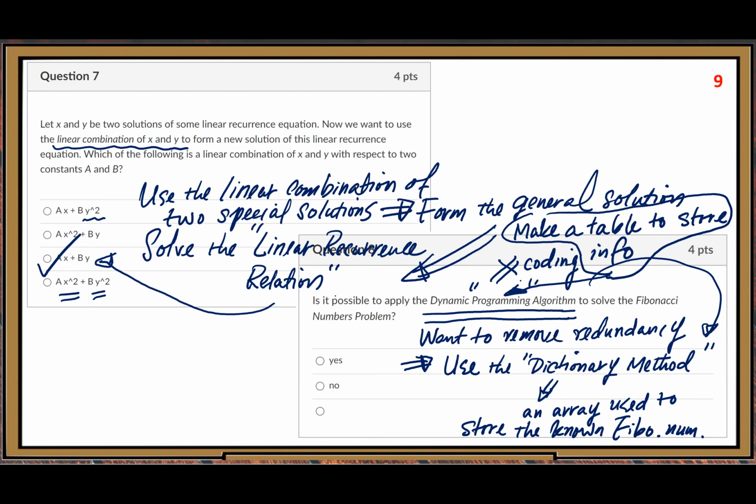Our dictionary is that table. So the dictionary method refers to the old programming way, not the coding way, the table programming way. All right, so this is the background.